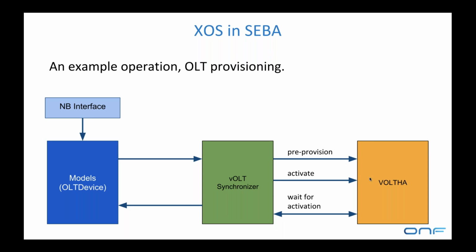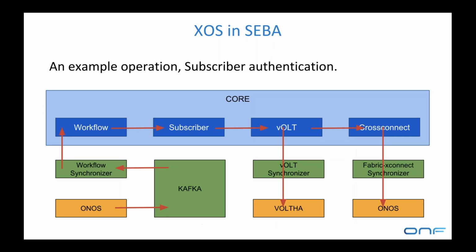Once that activation call is done, it waits for activation, exchanging information with Volta. And once the device is active, it stores that information back in XOS, so that it is easily consumable by the operator.